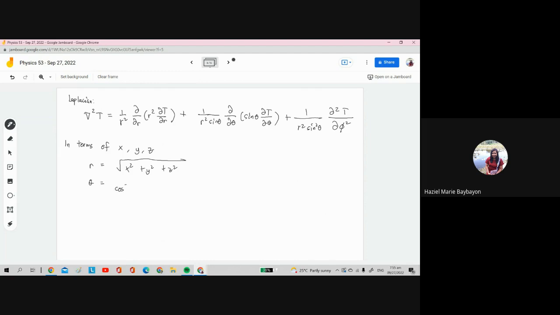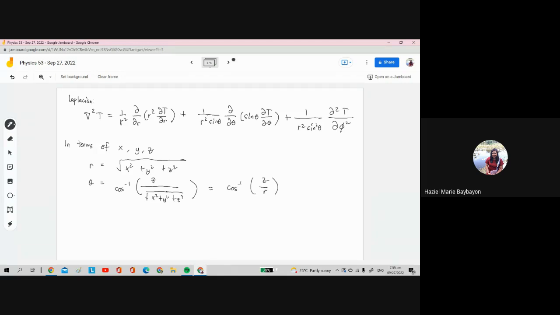You have the inverse cosine of z divided by the square root of x squared plus y squared plus z squared, or this is just equal to the cosine inverse of z over r.